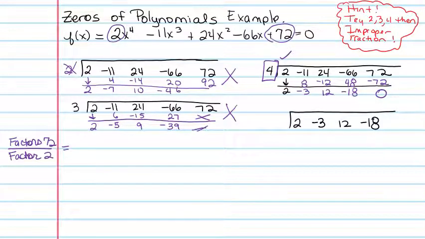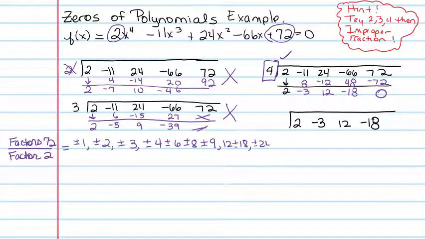That's going to give me positive and negative 1, 2, 3, 4, 6, 8, 9, 12, 18, 24, and 36. I ran into my problem. I'm going to erase some of those. All over the factors of positive and negative 2.